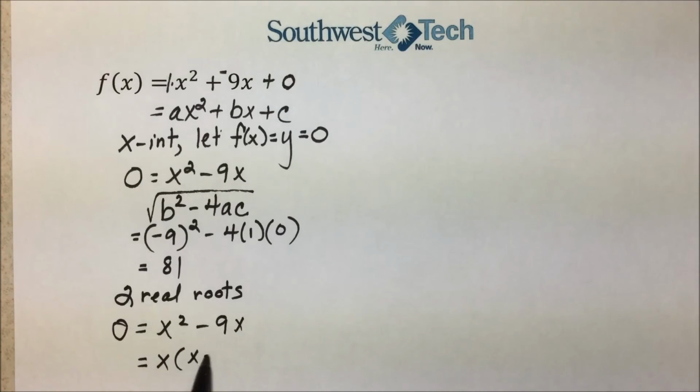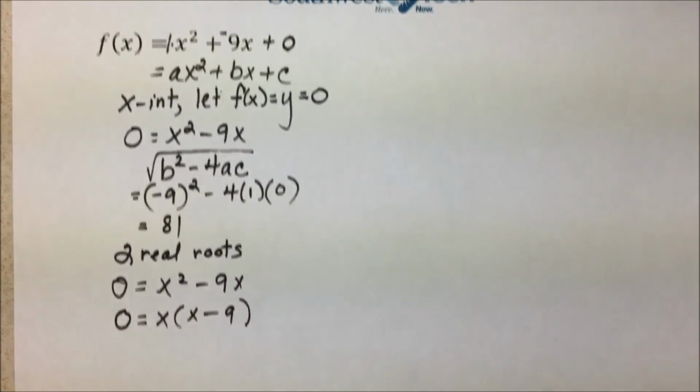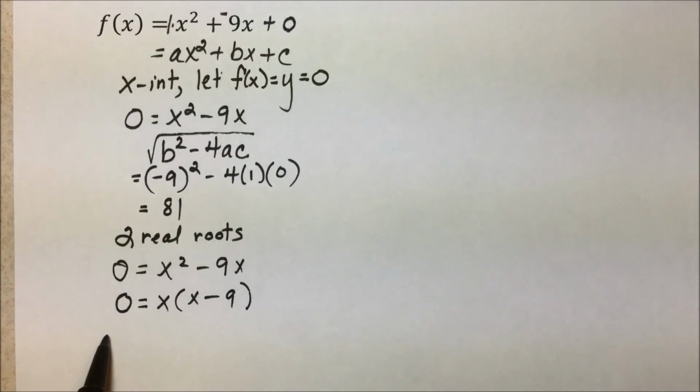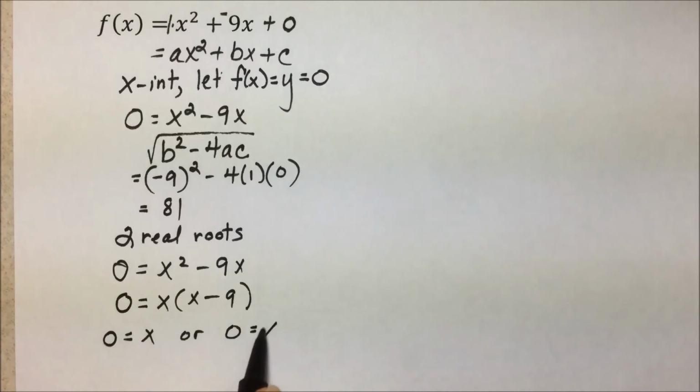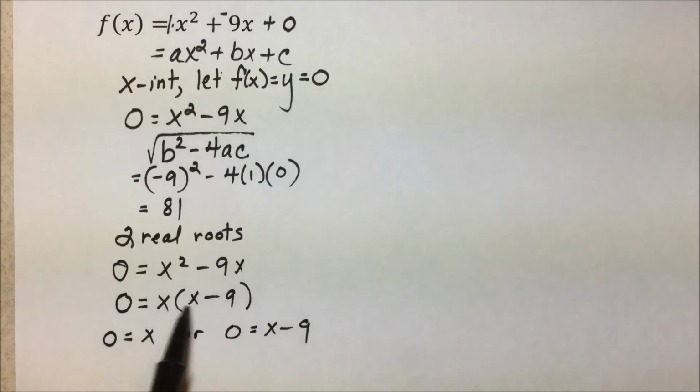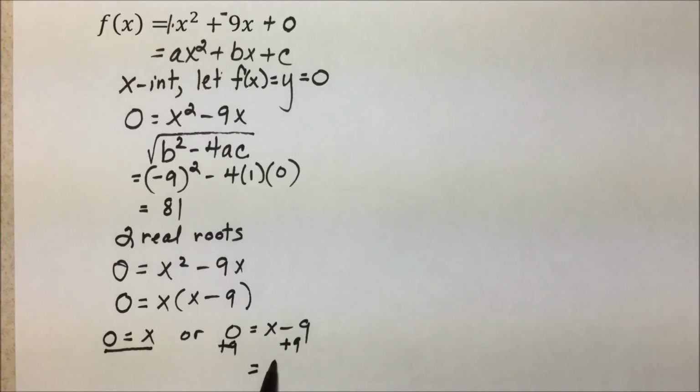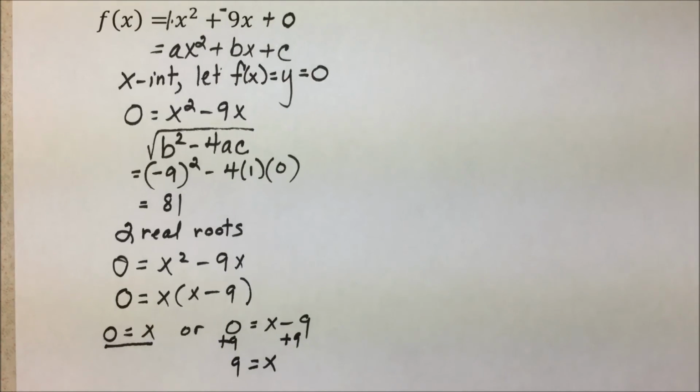Factoring out an x leaves x minus 9, and using the zero principle, either x equals 0 or x minus 9 equals 0 for these two things to multiply together to give us 0. On this option, we can add a 9 to both sides, and we end up with the solution x is equal to 9.